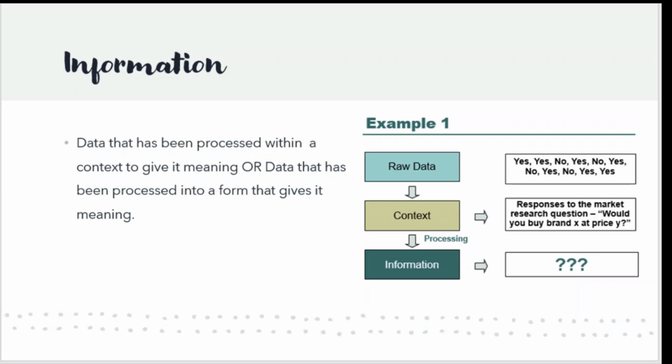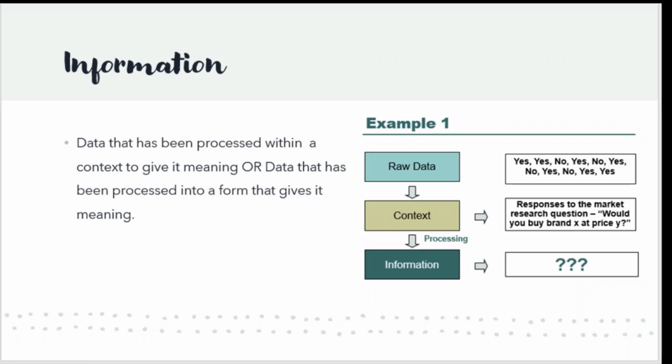Now, on the other hand, information is data that has been processed. You give meaning and context to that data, so that data means something. In this particular example, you have raw data, which is yes, yes, no, no, yes, yes. The context is responses to the market research question, would you buy brand X at price Y?